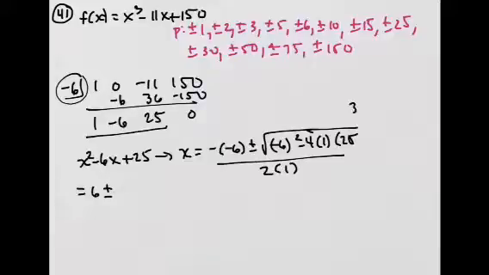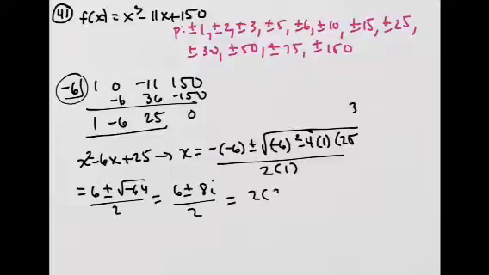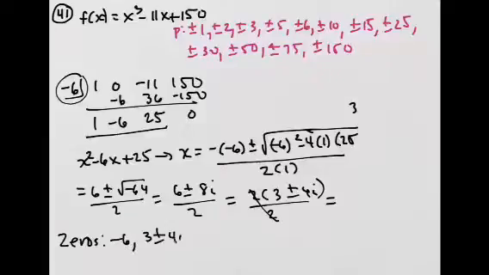So 36 minus 100, you get negative 64, over 2. So this is 6 plus or minus 8i over 2. We factor out the 2, and then the 2 over 2 is gone. So these are your zeros. The zeros are negative 6 and 3 plus or minus 4i.